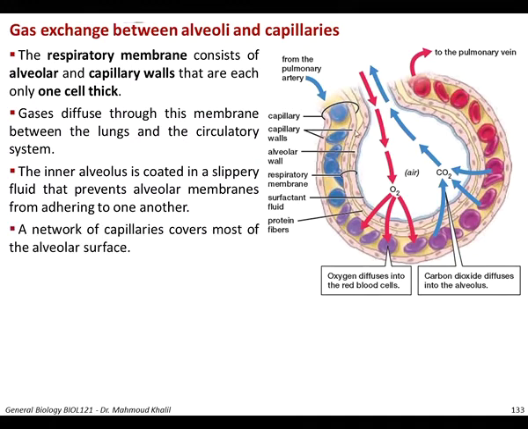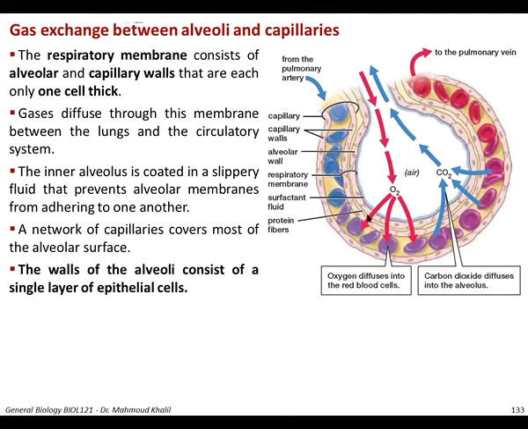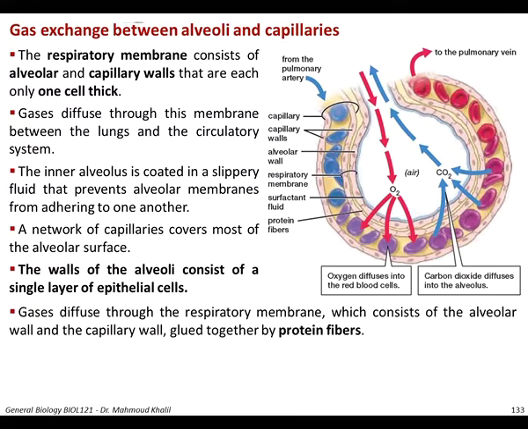As we said, a network of capillaries covers most of the alveolar surface, and the walls consist of a single layer of epithelial cells. So either the wall of the alveoli or the wall of the capillary consists of a single layer of epithelial cells. And the type of epithelial cells of these layers is simple squamous epithelium.